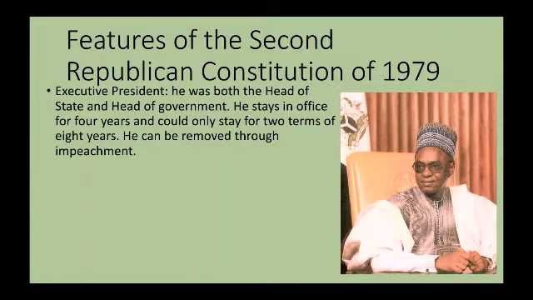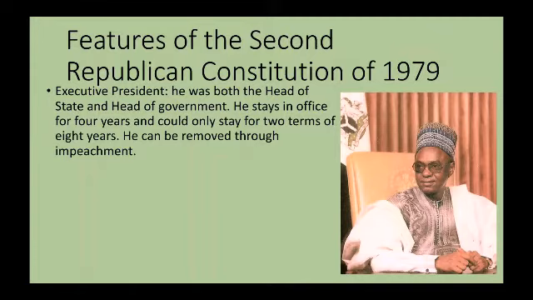And the president can be removed from office through impeachment. Again, before one can be president, the person must be a citizen of Nigeria by birth and must not be less than 35 years.